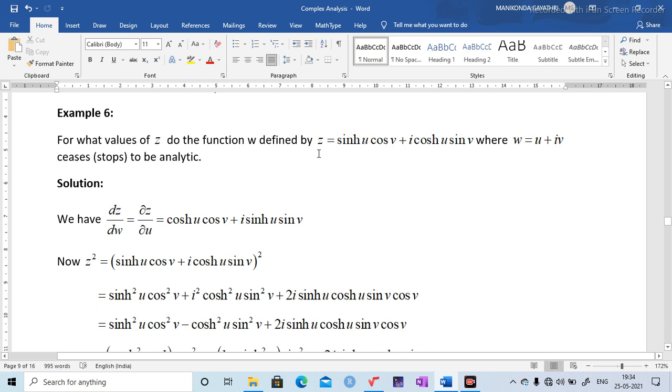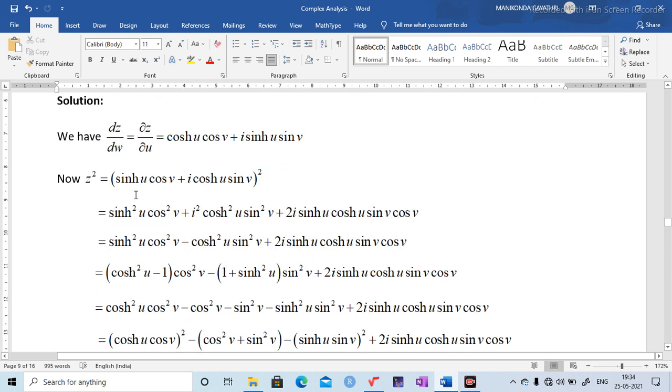So now I am going to find z square. Z square means here we take the whole square. Observe, a square, b square plus 2ab terms. Here you can observe this is as it is. I square value is minus 1. This term also as it is. But by using the fundamental formulas of hyperbolic functions, sin h square u can be written as cos h square u minus 1.